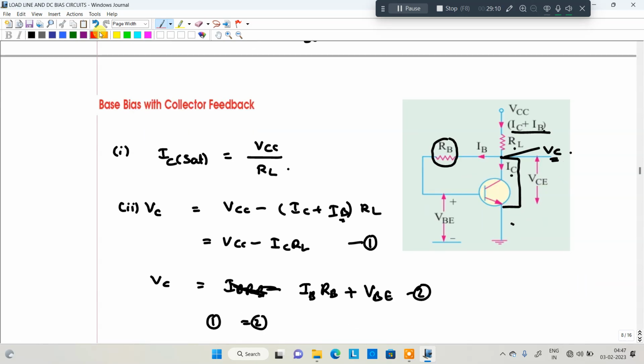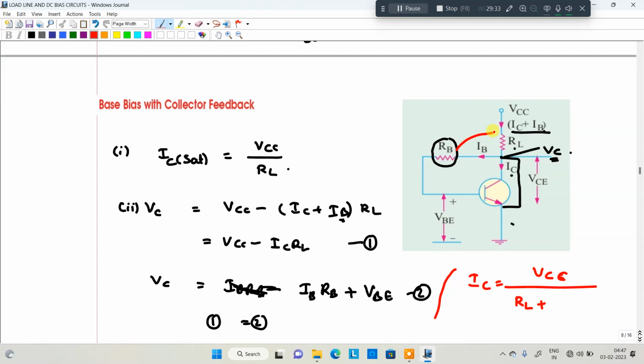So, using the beta rule you can directly remember that particular formula. IC, which we want to find out, is equal to VCC minus VBE divided by RL plus the base resistance.